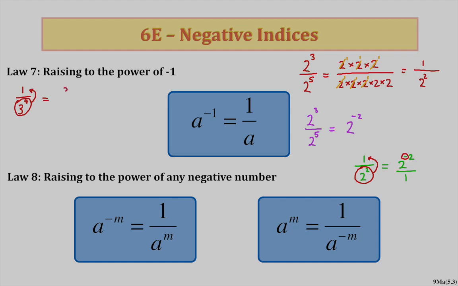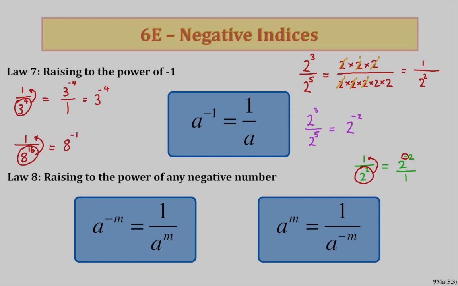The base stays the same, but the power changes from a plus 4 to a minus 4. And you could write over 1, but you don't. You just stop it like that. If I had something like this one here, 1 over 8 to the power of 16, I can move the 8 to the power of 16 across the fraction line, and it becomes 8 to the power of minus 16.